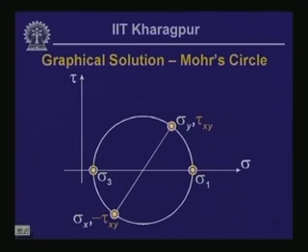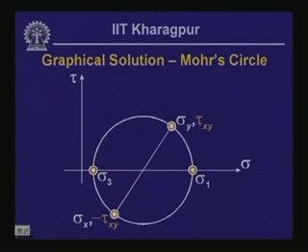Now, I should also mention here, which you have already noticed possibly, that in case of normal stress we are using the convention of compression positive and tension negative, and that is because rock and soil are very weak in tension. So, it is convenient to consider compression positive in this case.